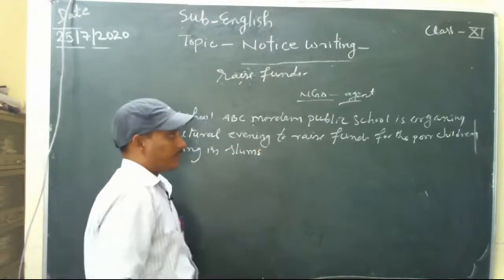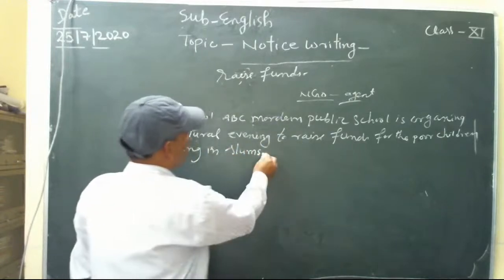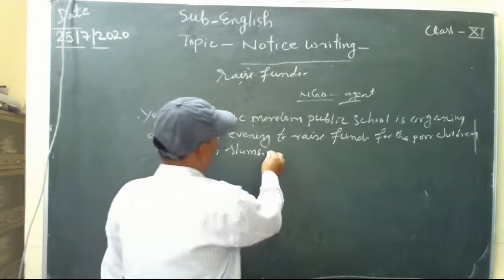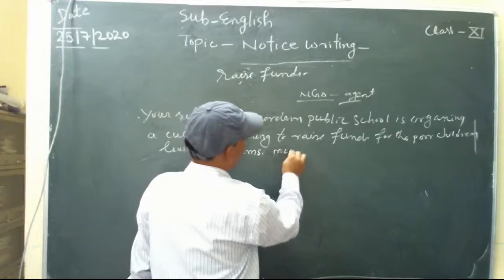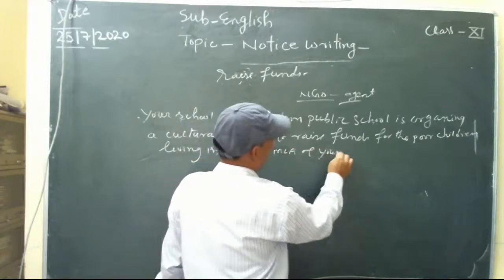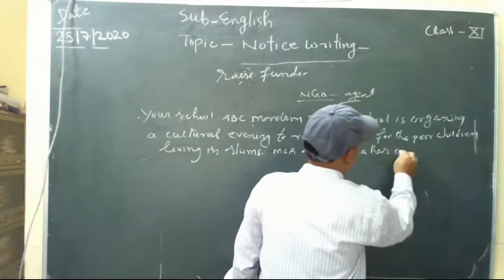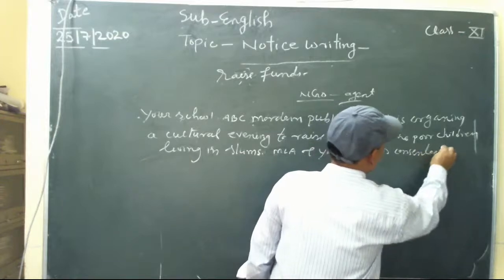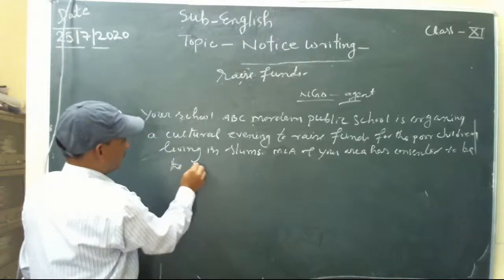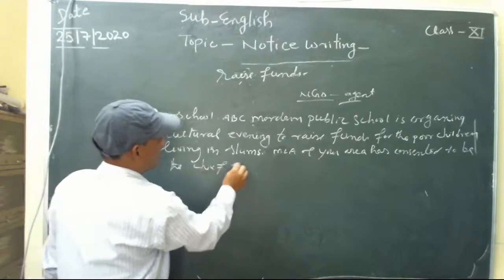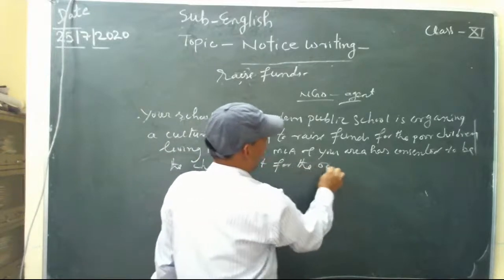Okay, now you have to raise funds, and you can add one more piece of information that the chief guest, the MLA of your area, has consented to be the chief guest for the occasion.